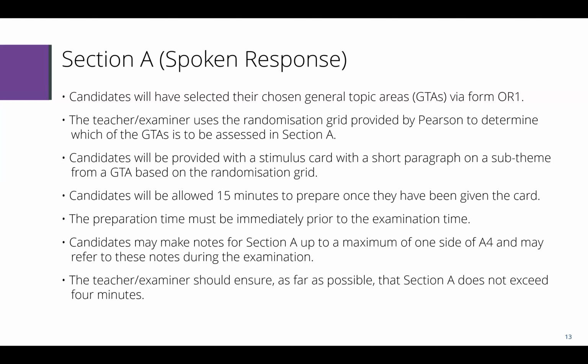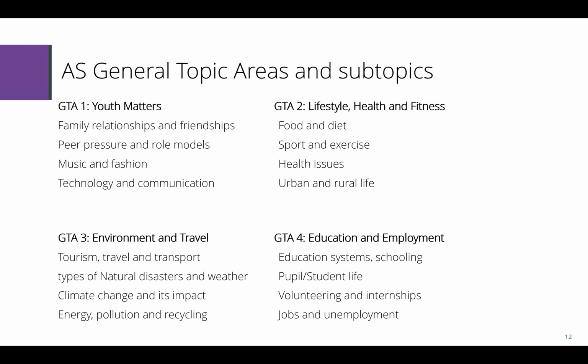Before we get to section A, what happens here is that at some point your students have to decide which two general topic areas they want to focus on for their speaking test. So if I go backwards here, you've got these four, and all four, as I said, will appear in the listening and the reading and the writing. But for the speaking, your students choose two of these.